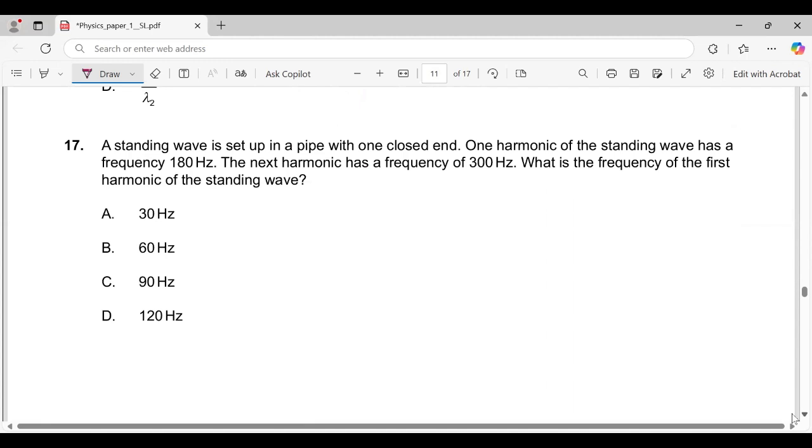A standing wave is set up in a pipe with one closed end. One harmonic of the standing wave has a frequency of 180 Hz. The next harmonic has a frequency of 300 Hz. What is the frequency of the first harmonic? The frequencies of these harmonics are related by the formula Fn equals n times F1.